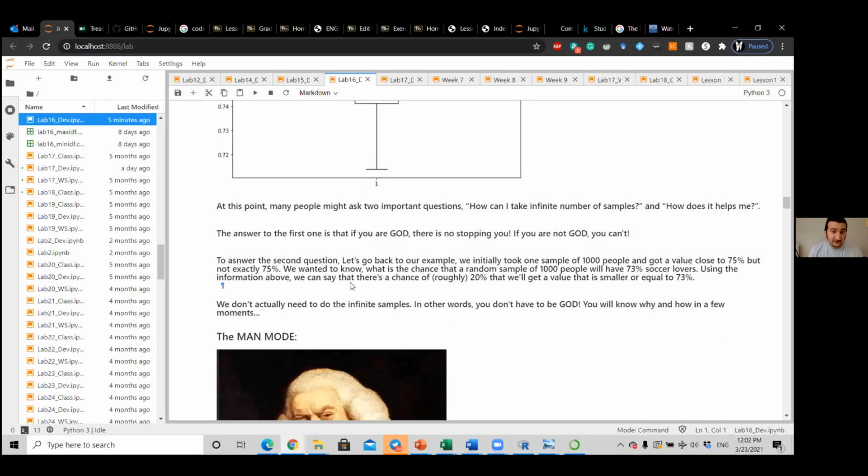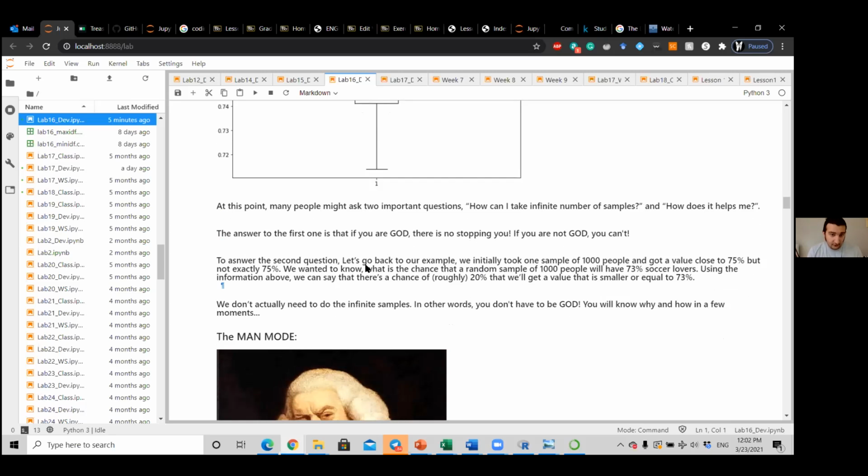To answer the second question, let's go back to our example. We initially took one sample of 1,000 people and got a value close to 75%. Do you remember this? Yes. But it wasn't exactly 75%. It was a little lower or a little higher. For example, we got 74.3, we got 75.6, something like that.